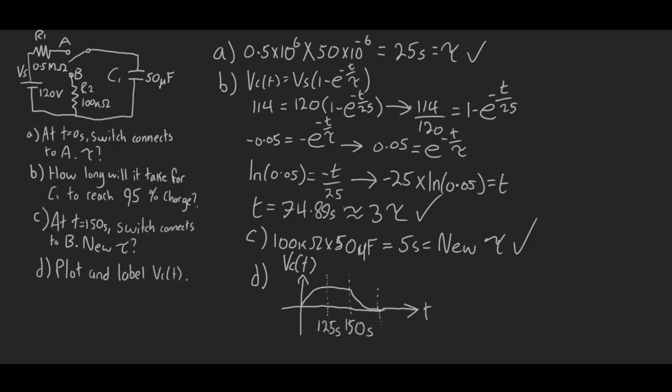When that capacitor fully discharges, that value is 5 times 5 is 25, so 175 seconds. What you really need to make clear in this plot are the time values, because that's what's important here. And that's your answer for part D.